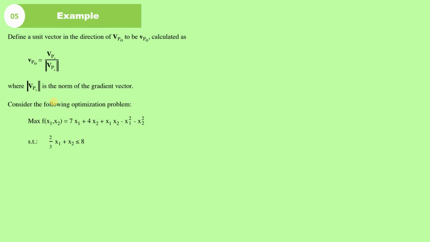The function is 7x1 + 4x2 + x1 times x2 minus x1 squared minus x2 squared, subject to the constraints 2/3 x1 + x2 less than or equal to 8, minus 5/12 x1 + x2 less than or equal to 2, x2 less than or equal to 4, and x1 and x2 greater than or equal to 0.